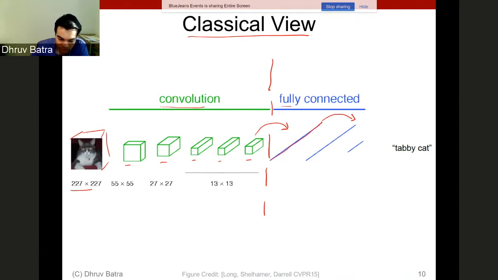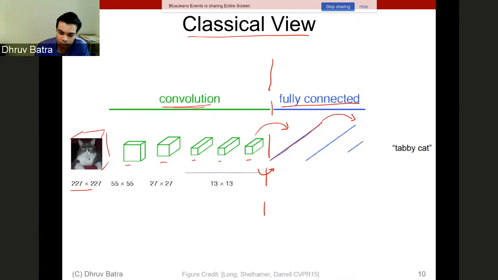There is a split between convolution layers and fully connected layers, and therefore it is important to understand when that transition happens. We will challenge this view today, and you will understand that actually you can interpret fully connected layers as a certain kind of convolution layer, so it really doesn't matter. But let's dive into this view and try to understand it a little bit more.